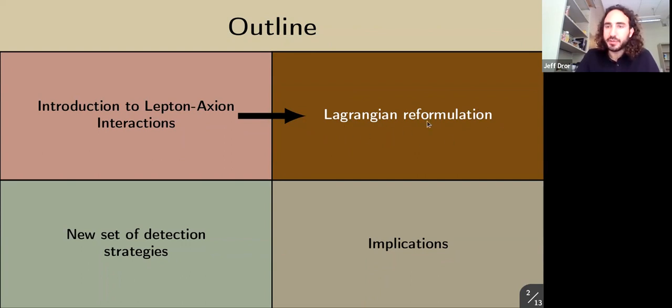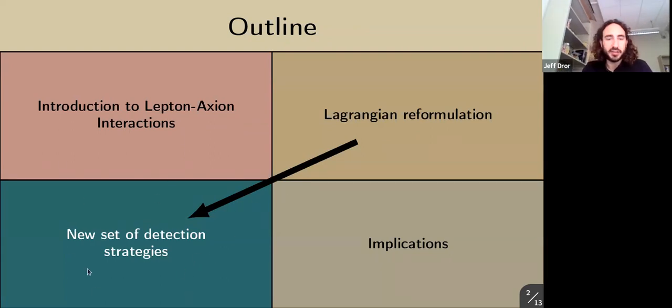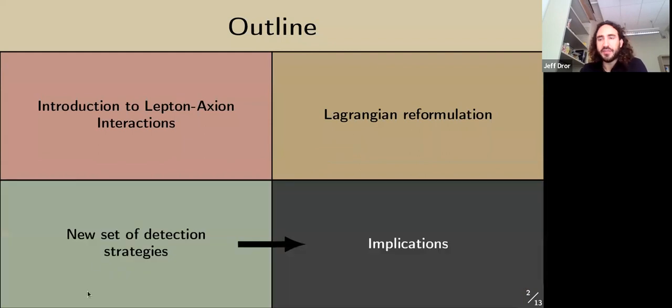And the new intuitions that we gain through this reformulation will tell us about some new opportunities to look for axions, and I'll discuss what those are. And finally, if I have time, which I may not, I will try to talk about how these new detection strategies and new constraints that I'll derive for you have implications for existing models in the literature.